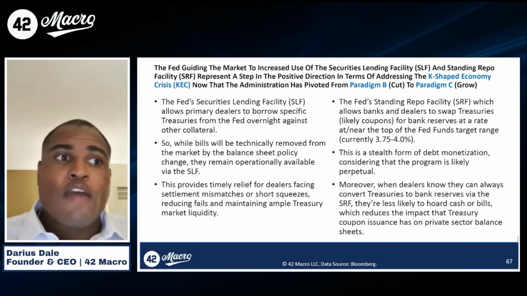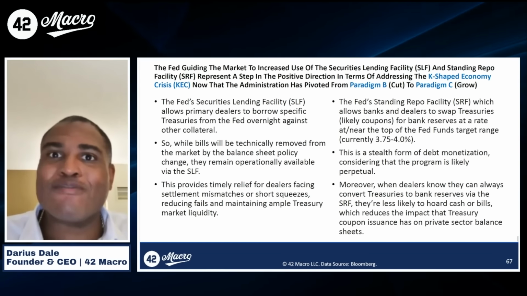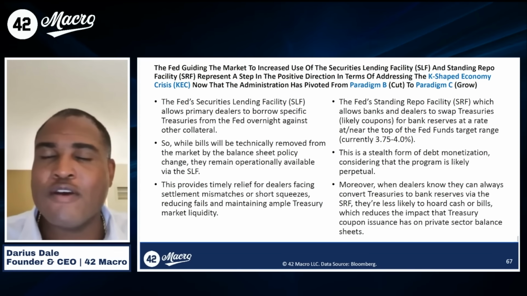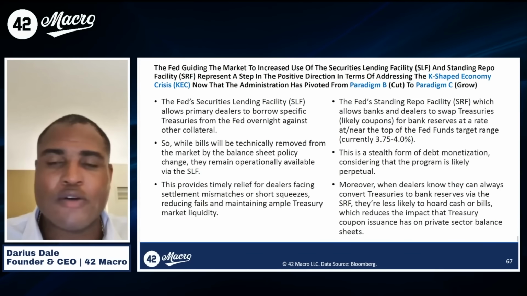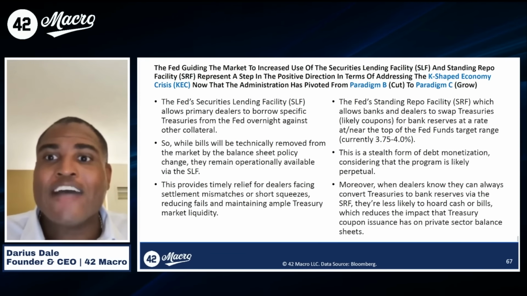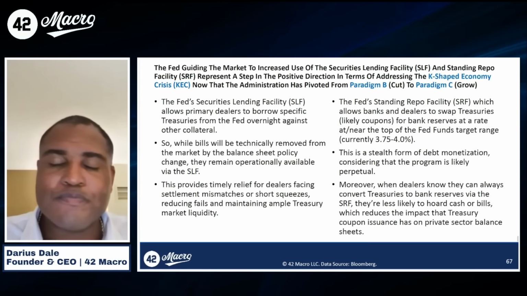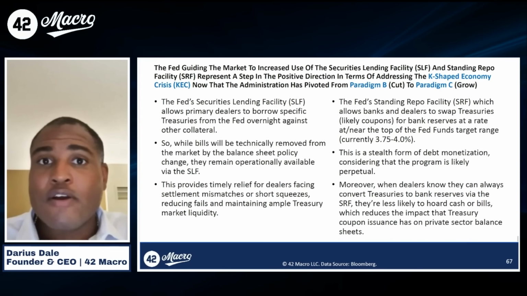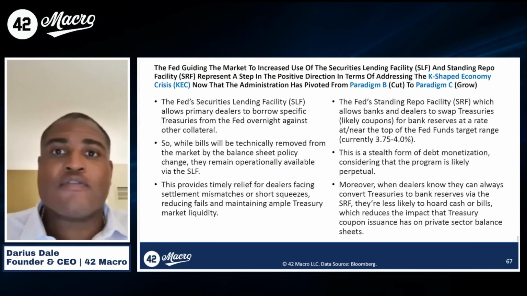If people who buy coupon debt from the Treasury, which is pretty much all of us, the private non-bank sector, commercial bank sector, foreign sector, foreign official sector, just anyone who buys Treasuries, or at least the dealers now, at least have access to this facility, they can now swap their coupons. They can liquefy their coupons for cash.